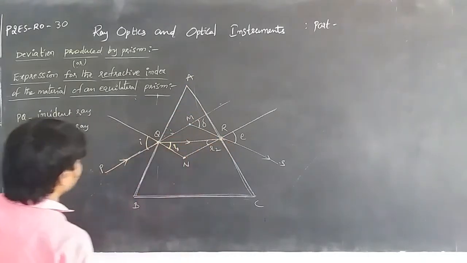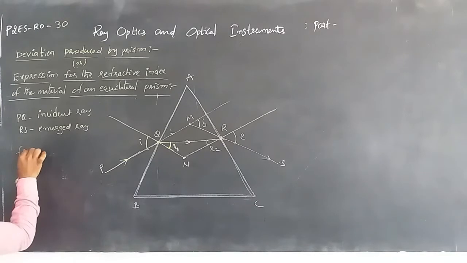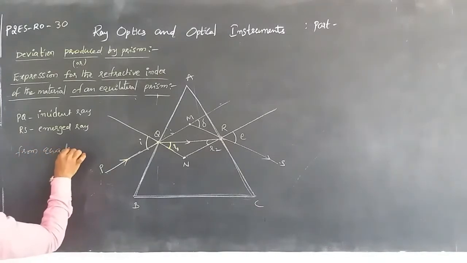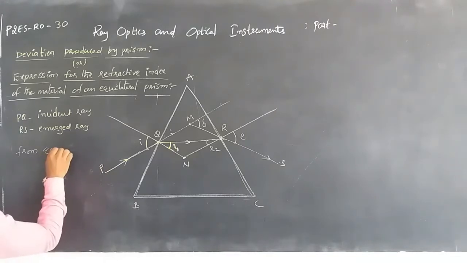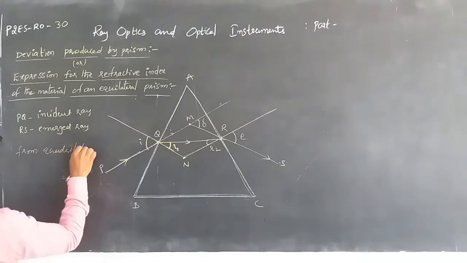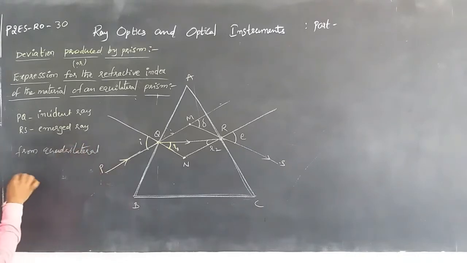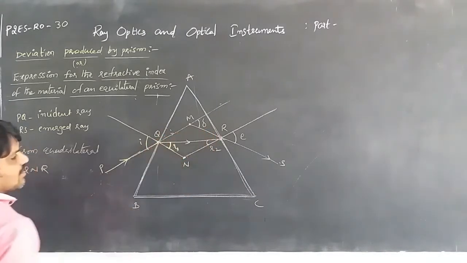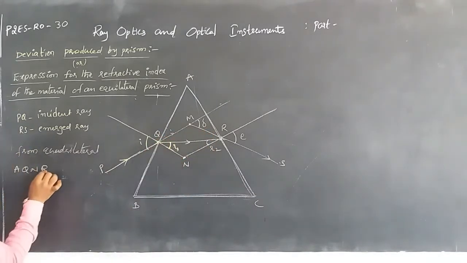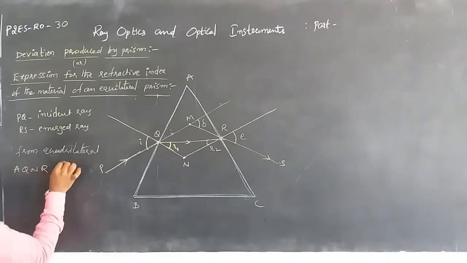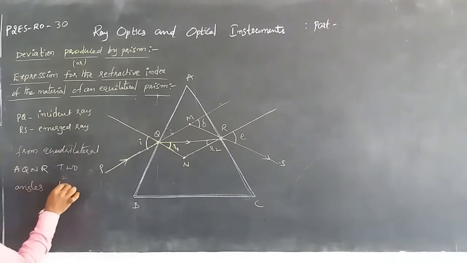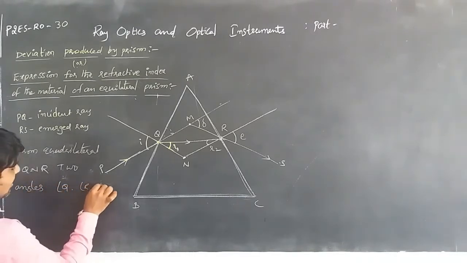In quadrilateral AQNR, the two angles, angle Q and angle R, are right angles.